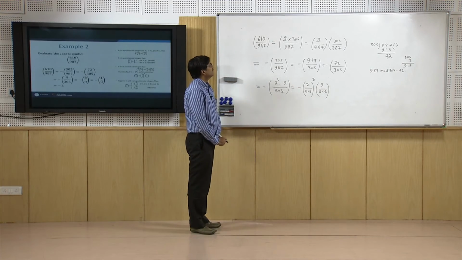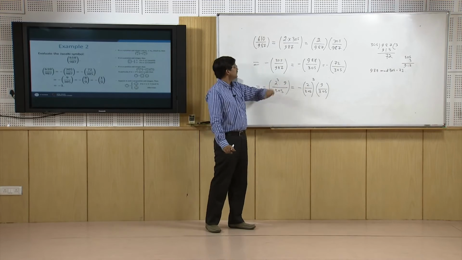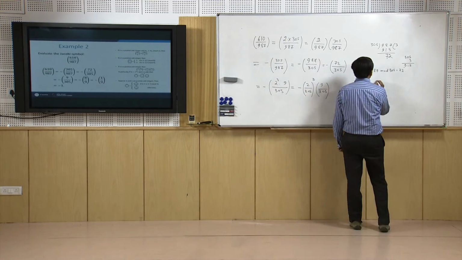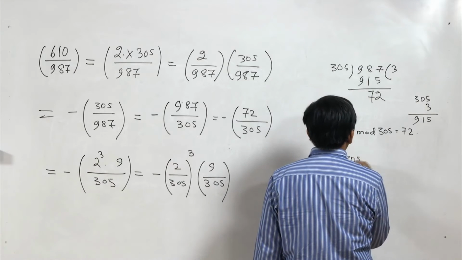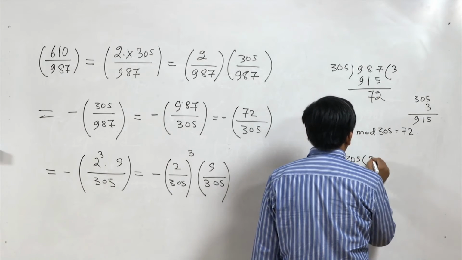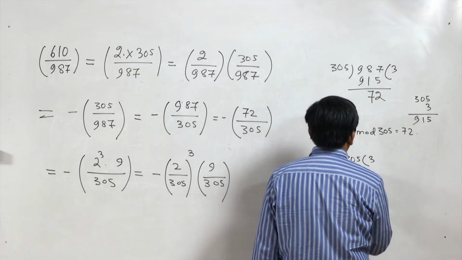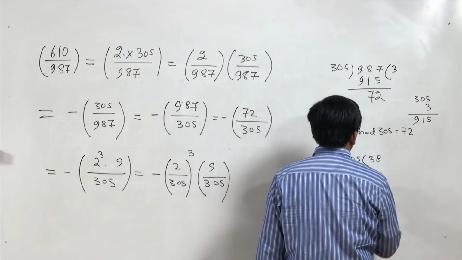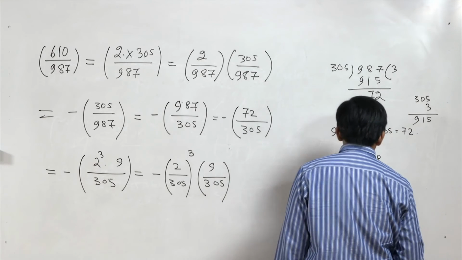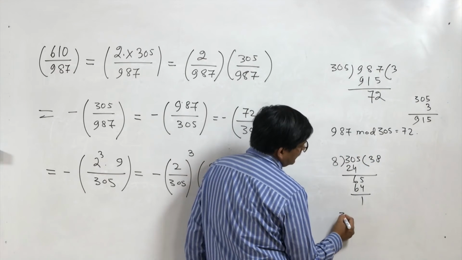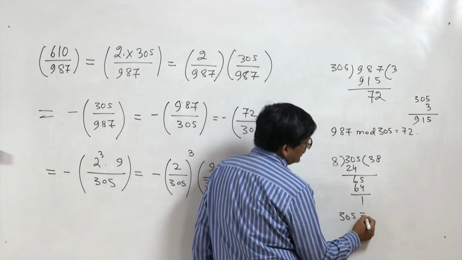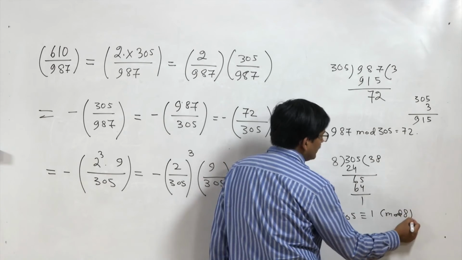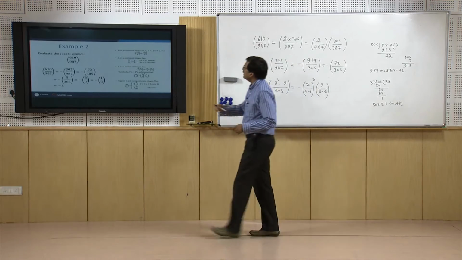All right. Now, I ask a question, what is the value of this? For that again we have to divide 305 by 8. The remainder is 1. So, we see that 305 is congruent to 1 mod 8. So, we come over here.